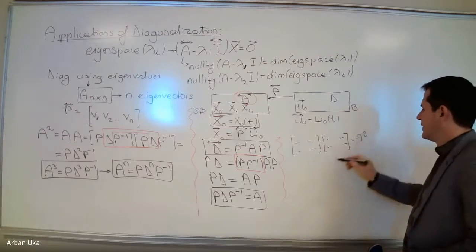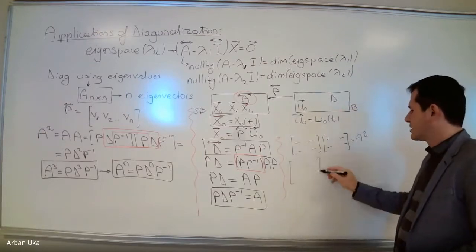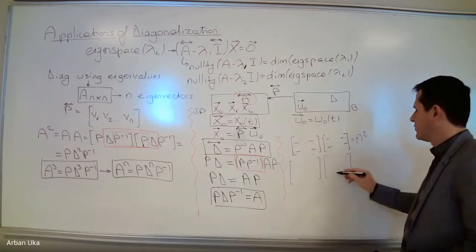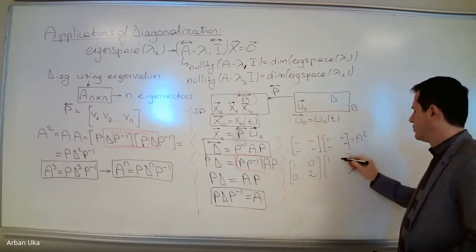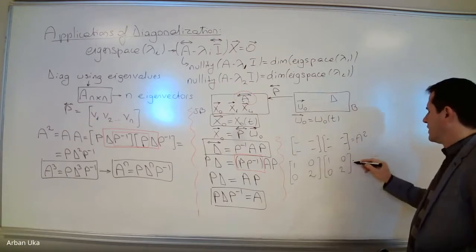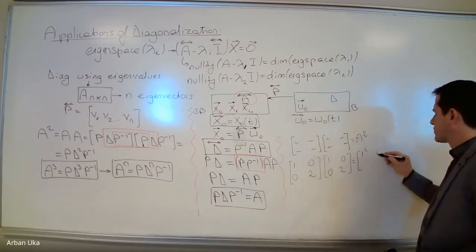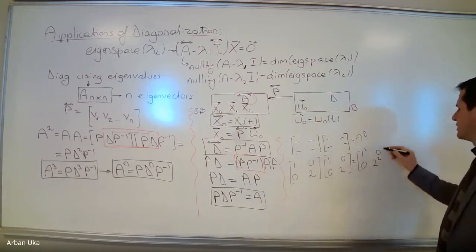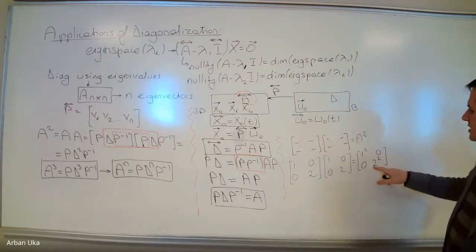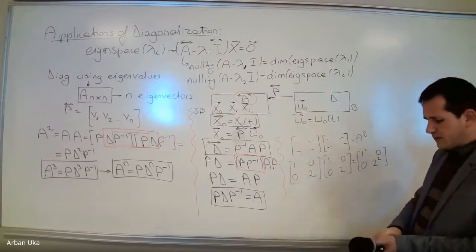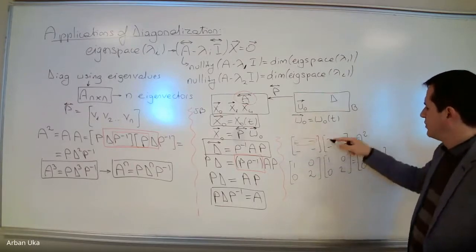But if we have a diagonal matrix and we want to take the square of that one, let's assume that the eigenvalues are 1, 2, and the off-diagonal entries are 0, this will simply be equal to 1 squared, 0, 0, 2 squared. Okay? So this would be the square of a diagonal matrix, and this one is much easier than multiplying the first row with the first column.